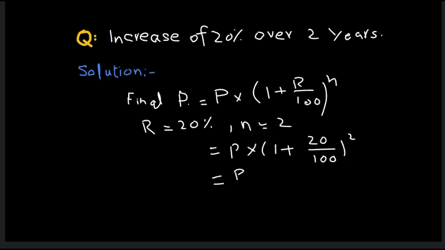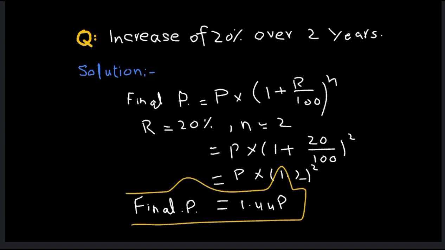So it is 1.2 squared. Then 1.2 squared is equal to 1.44 P. So this is our final population. This is our answer.